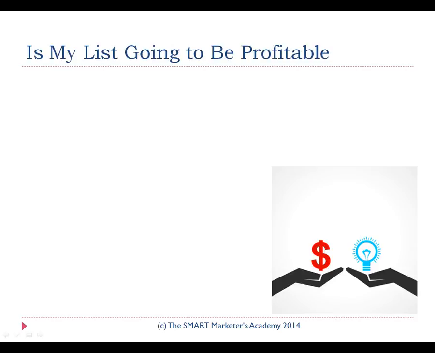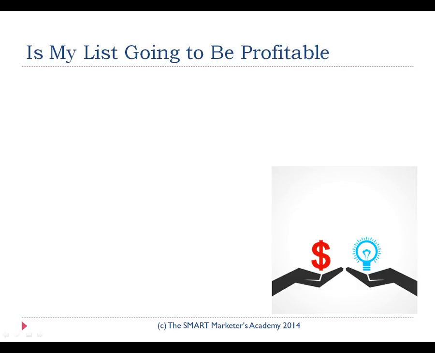Now, once you've answered those 3 questions, we need to have a look at your foundation to see if your list is going to be profitable. Because if you focus on working with the wrong niche, if you're doing the wrong thing, not every business, not every specialism is profitable, as you might know.